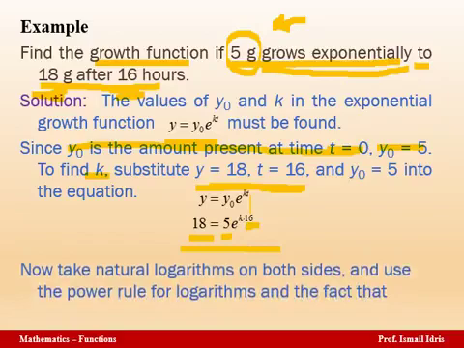Now, to find k, we take ln of both sides. So now take natural logarithms on both sides. And of course, we will use the rules for logarithms, and also the fact that ln e equals 1. We have seen these rules in the first part of this lecture.